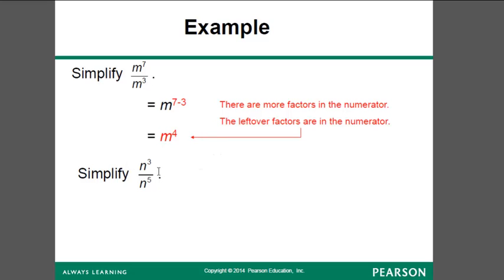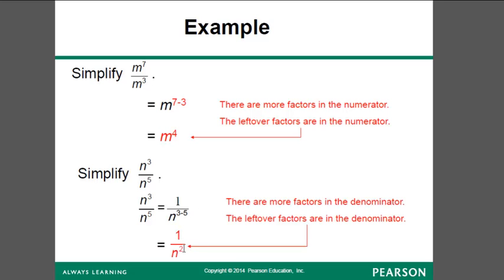On n to the 3rd divided by n to the 5th, notice that my largest exponent is in the denominator. So I'm going to subtract my exponents and leave my answer in the denominator, such as here. And so I get 1 over n squared. Wherever you have the largest exponent, this is where your solution will be.